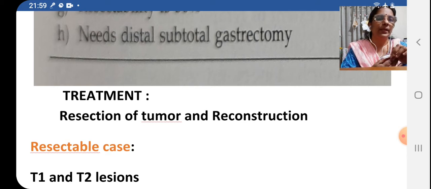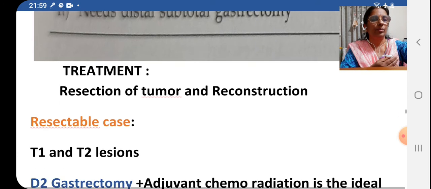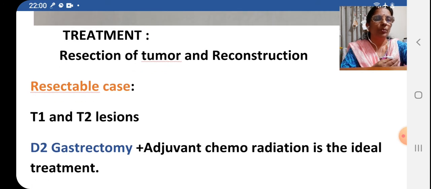So T1 and T2 lesions are the resectable cases. T1 means involvement of the mucosa, and T2 lesion means it has just invaded the muscles of the stomach. It has reached up to the muscles, but it hasn't invaded out to the serosa.